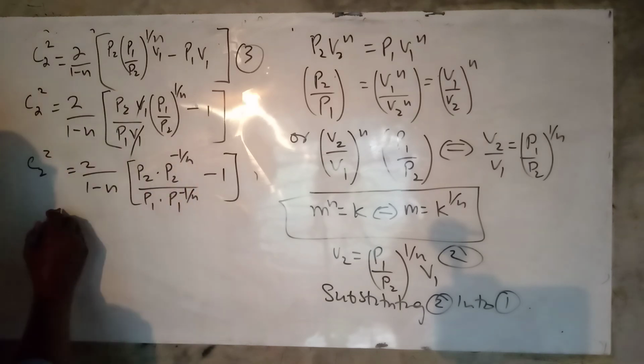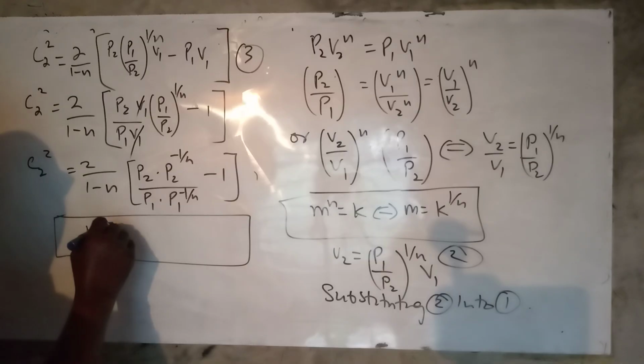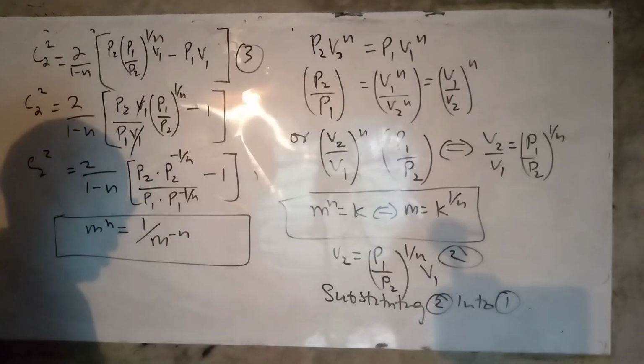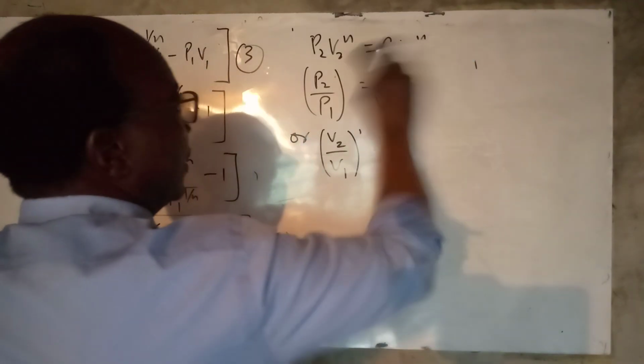Remember, we just use again a small identity which we are used to. That is, if we have m to the n, that can be written as 1 over m to the minus n. Very simple laws of indices in arithmetic.